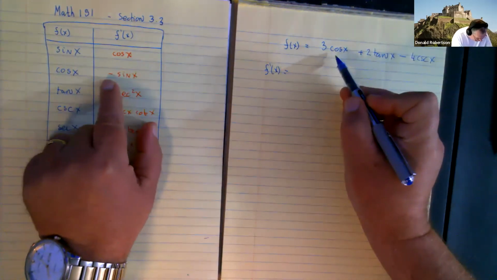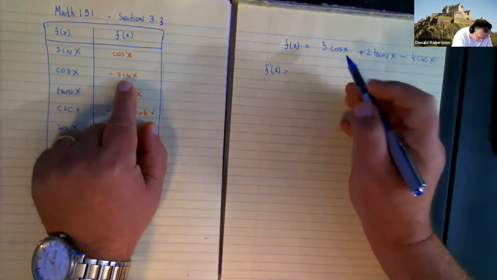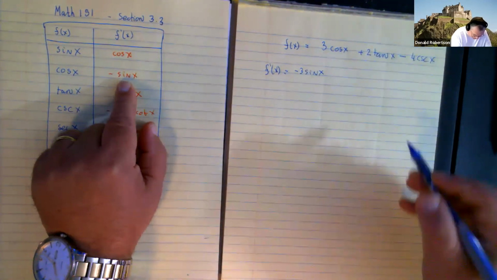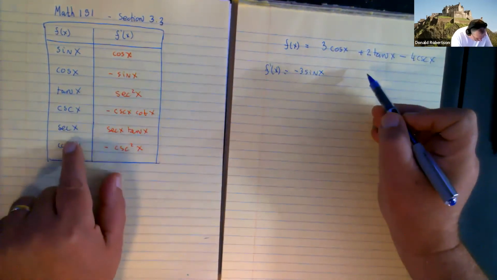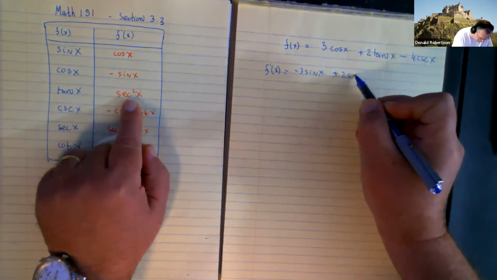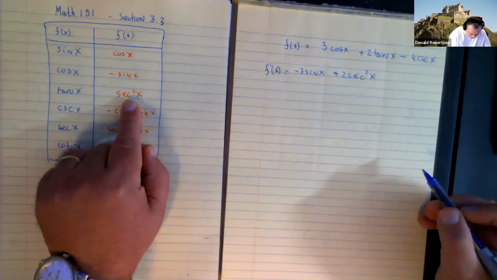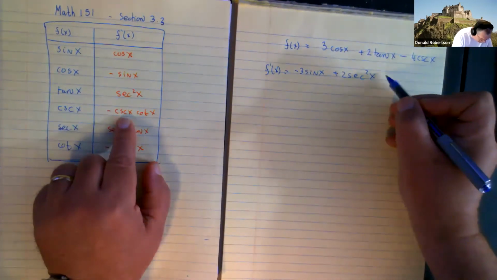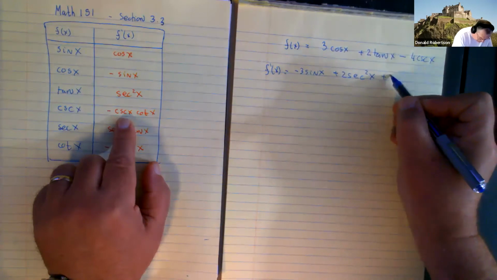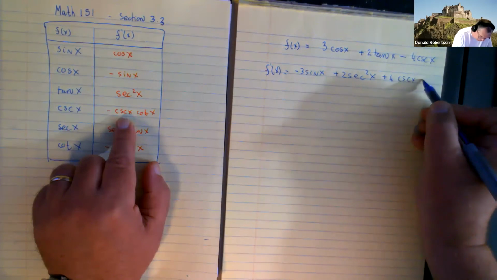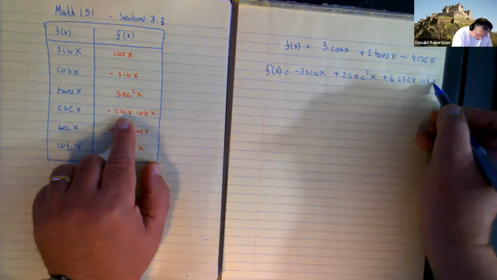So a cosine gets you a negative sign, so 3 cosines would get you negative 3 sines, so that's all the multiples do. You want 2 tan x, a tan x gets you secant squared, so 2 tan x's will get you a secant squared x. And a cosecant x will get you this guy, so negative 4 of them, 2 negatives make a plus, you get plus 4 cosecant x, cotangent x.